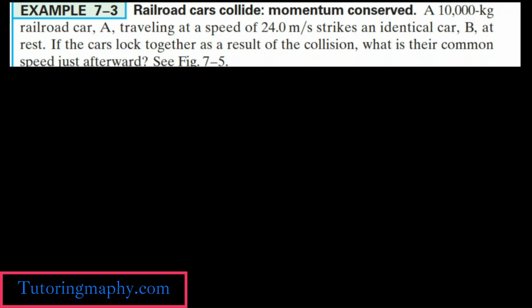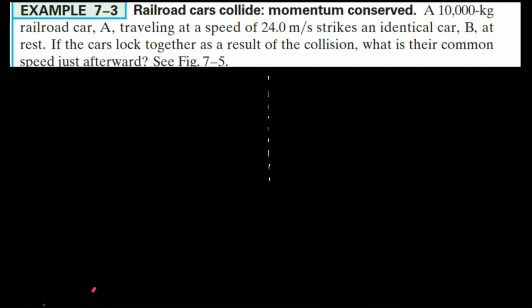Okay, I will tell you my approach on solving the momentum, the collision question. I always separate the initial situation and final situation using a dot, and I represent both the bodies over here and both the bodies over here. So this is before the collision, and this is after the collision.